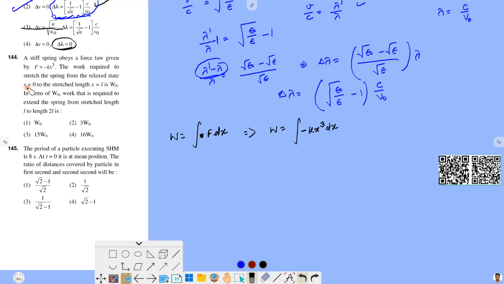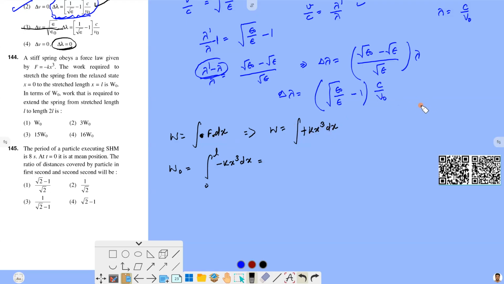From 0 to L it is W naught. So if we integrate it, then W naught will be the integral from 0 to L of minus kx cube dx, and here we will actually get a positive sign. Why? Because this is f dot dx.